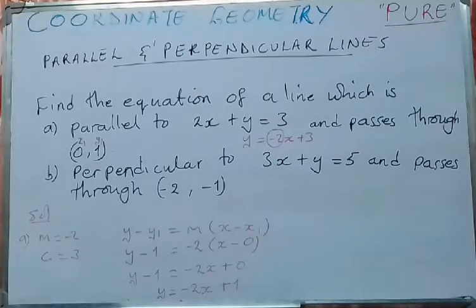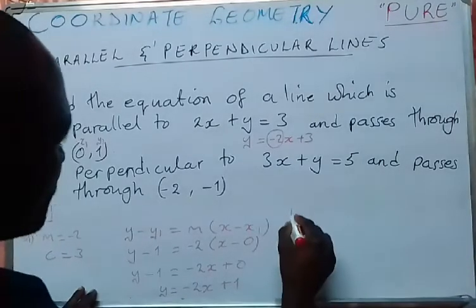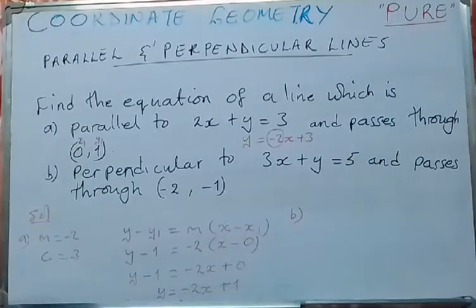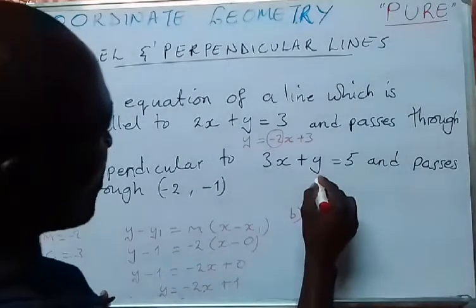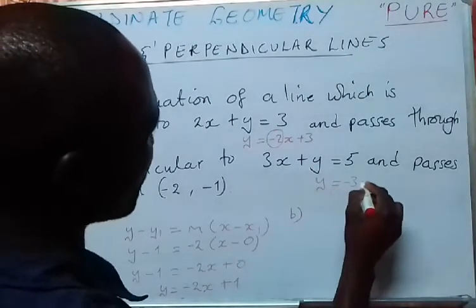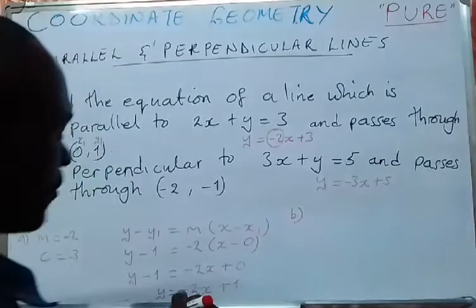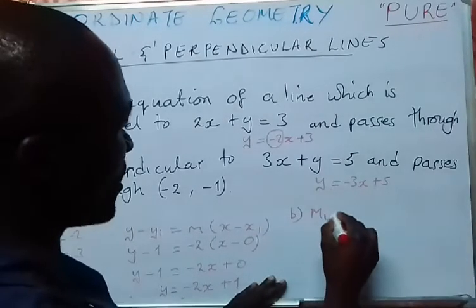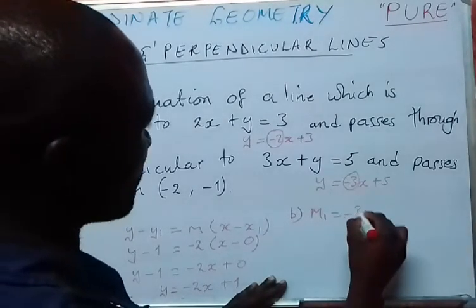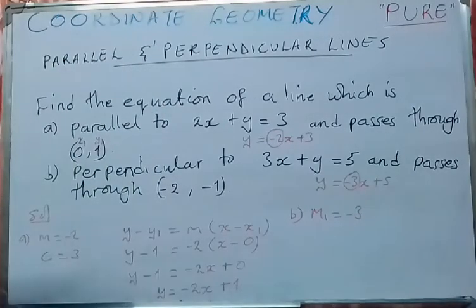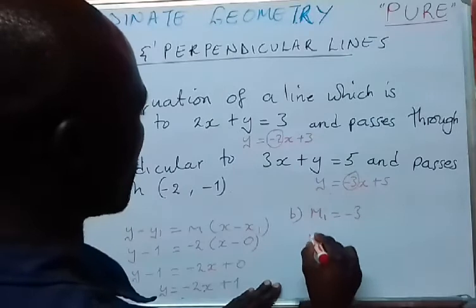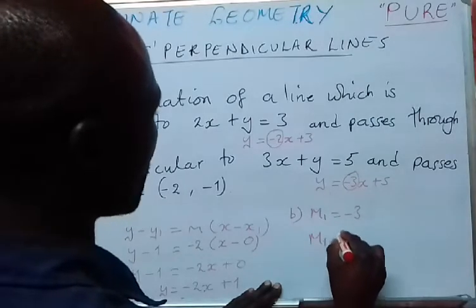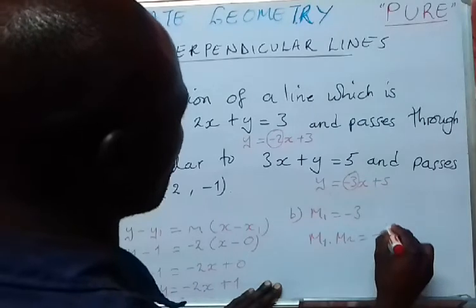Since our question B is like this, they want the perpendicular line. So this one will be y is equal to negative 3x plus 5. So the first gradient, gradient 1, will be negative 3. Therefore, to work out the second gradient, gradient 1 multiplied by gradient 2 equals negative 1.